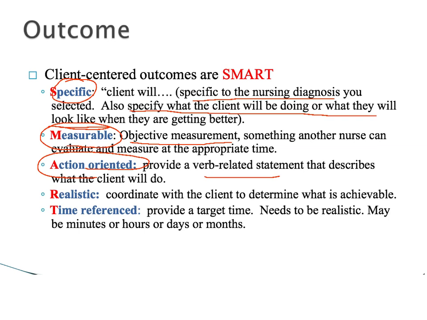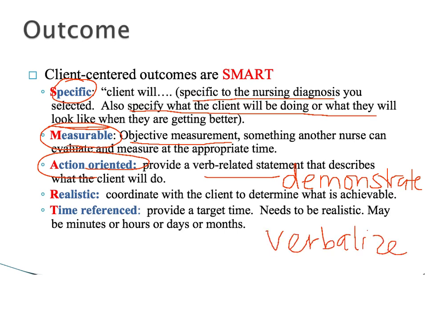Now let me give you some help here. The best two verb-related statements to use would be that the client will demonstrate. In other words, they're going to show you something. Or the client will verbalize. Sorry, you have to write it down here. I don't have enough room. Or the client will tell you something.